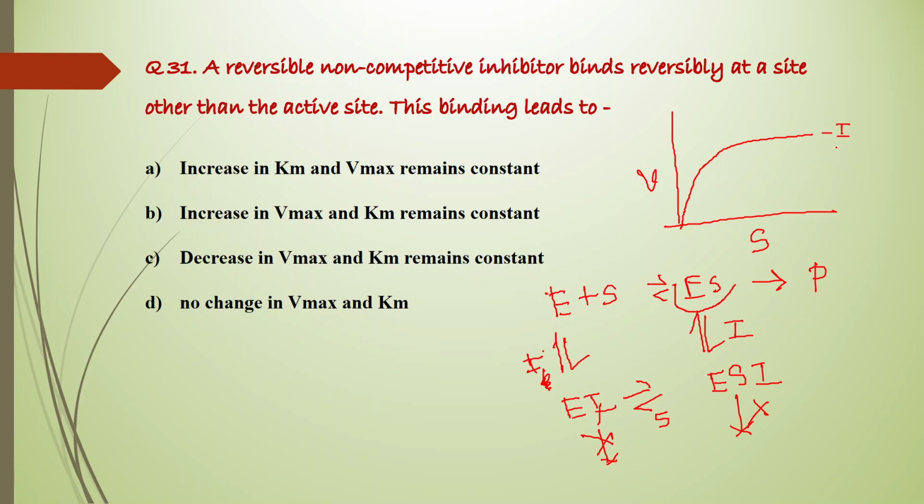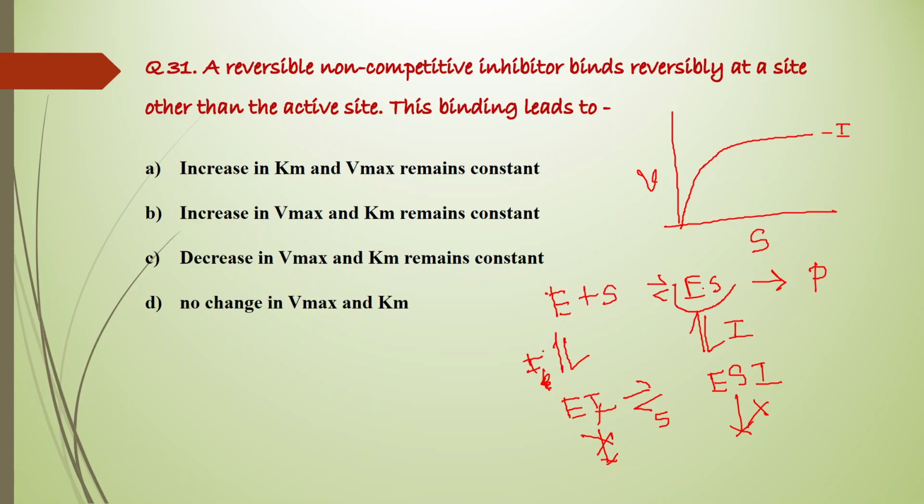This is what it looks like. Now you are adding a non-competitive inhibitor in your system. What will happen? If you look at this particular mechanism, first of all the enzymes are unable to react with the substrate because some are forming EI.